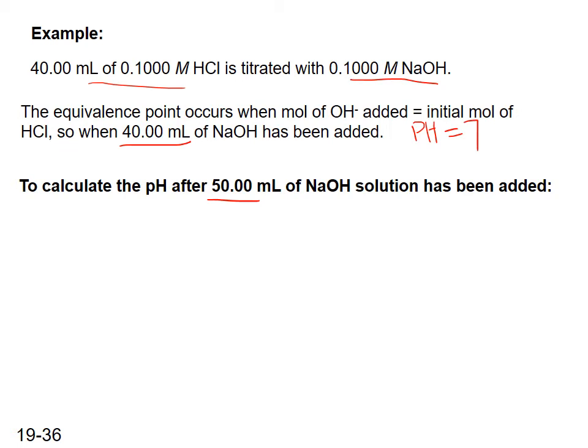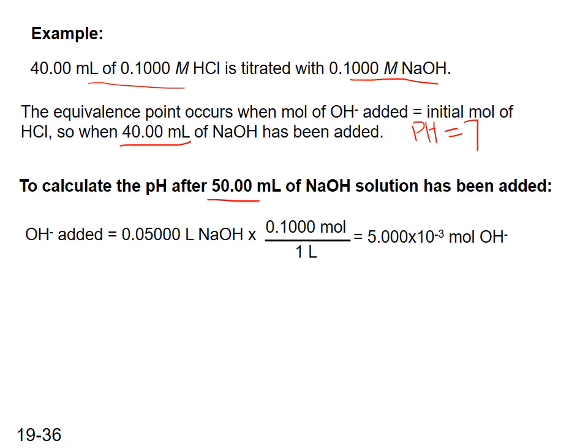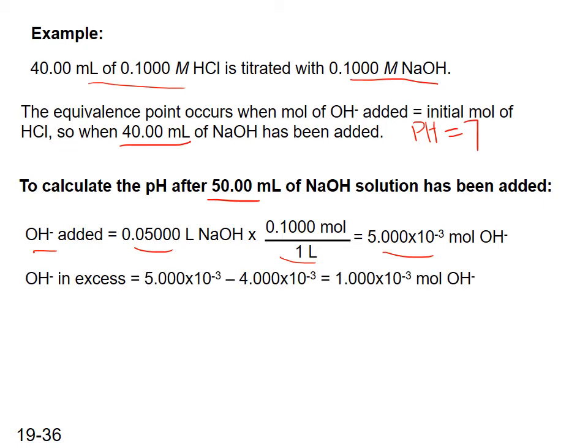After an excess amount of sodium hydroxide is added, we need to know the hydroxide concentration in the solution. So we first calculate the number of moles of hydroxide added, which is the volume times concentration, and we already calculated the moles of hydrogen ion. Hydroxide added minus hydrogen ion gives you the excess number of moles of hydroxide.